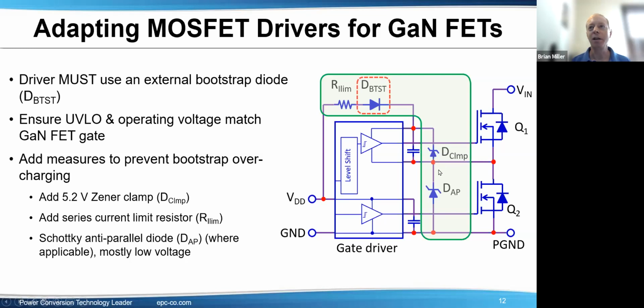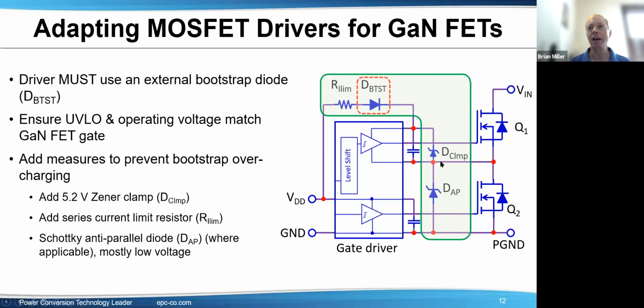And the third one, you'll see here, there's a Schottky anti-parallel diode. And you could say, well, why is that needed? Because there's a diode right here as part of the GaN FET. But as we discussed earlier, the diode function that's part of the GaN FET, you can think of that as like a 2.5 volt drop.